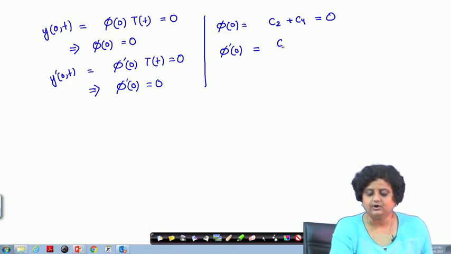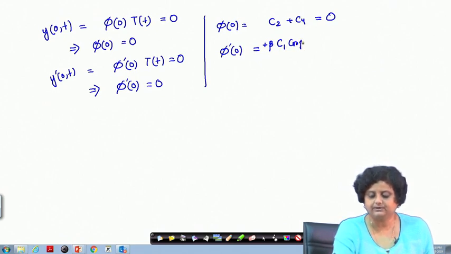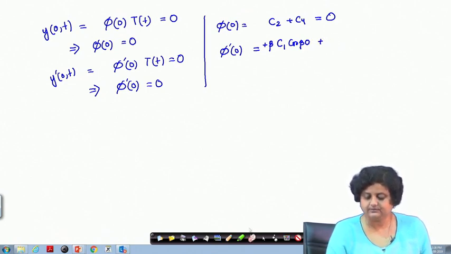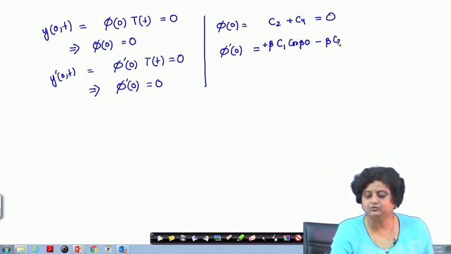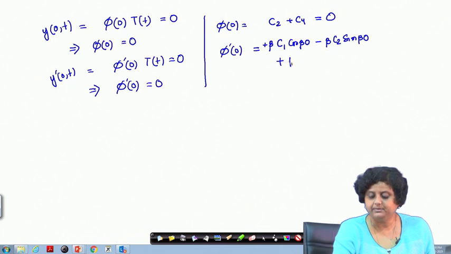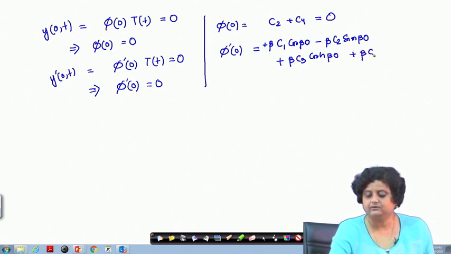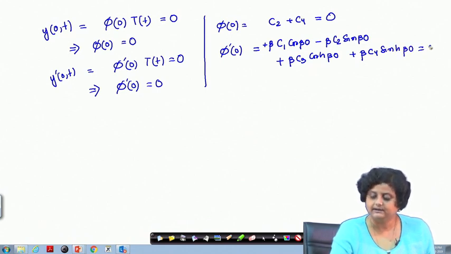What is phi dash 0? Phi dash 0 is beta C 1 cos beta 0 minus beta C 2 sin beta 0 plus beta C 3 cosh beta 0 plus beta C 4, and that is equal to 0.